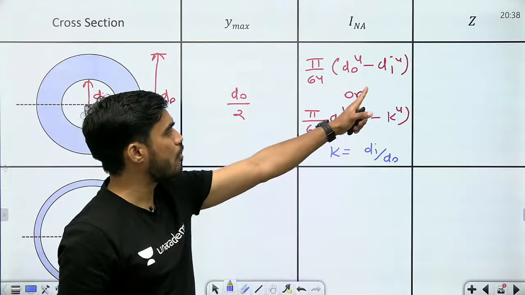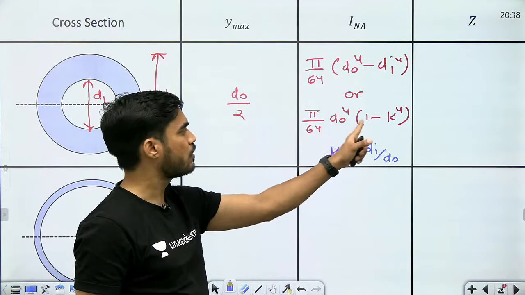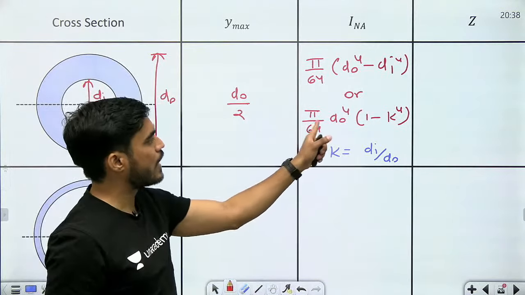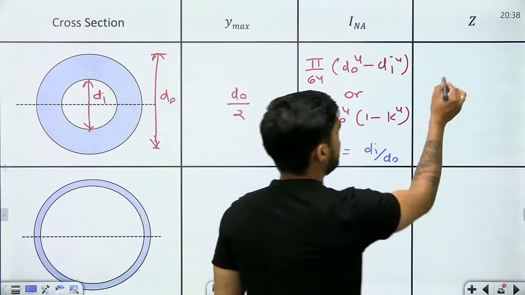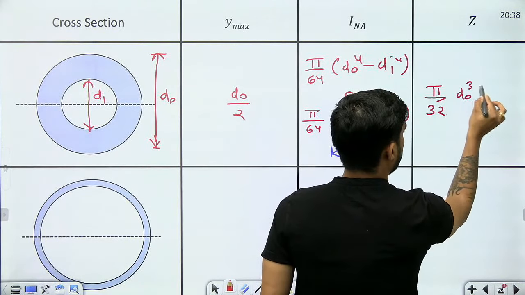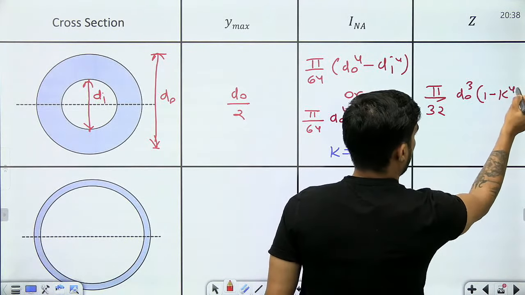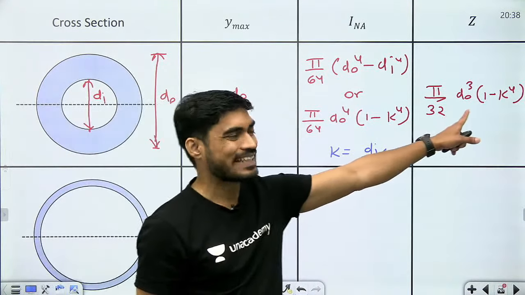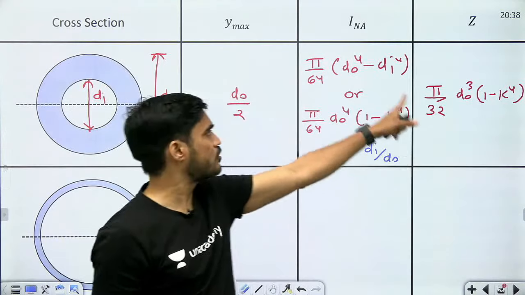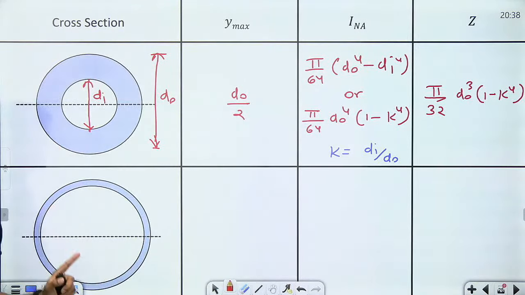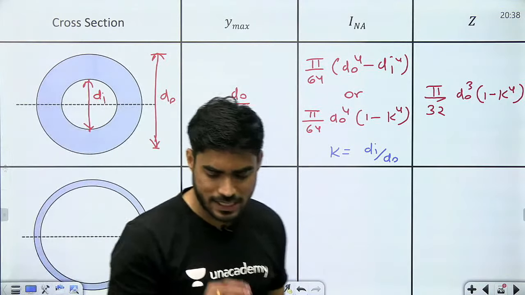So if I take d outer to the power 4 common, then I will get this. So beta, if you have the equation in this form, then z will be pi by 32 d outer cube times 1 minus k to the power 4. A lot of times we use the equation in this form, otherwise you can use it in the other form also. Then beta, another hollow circle, but this hollow circle is a little different.